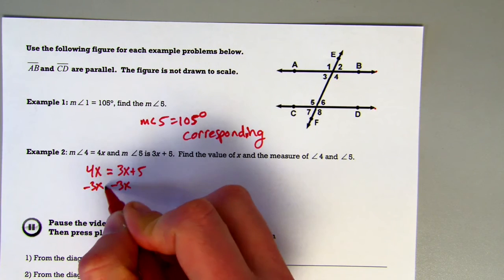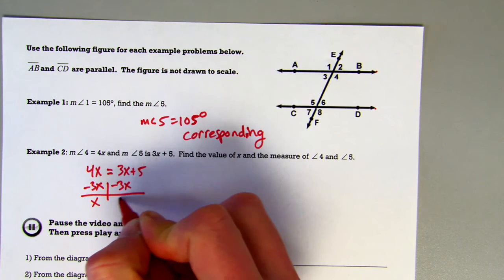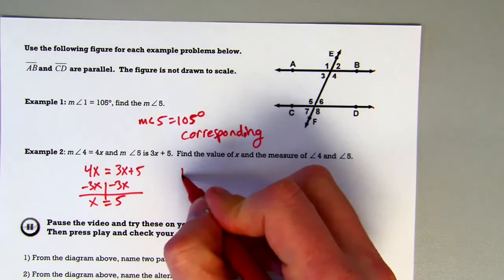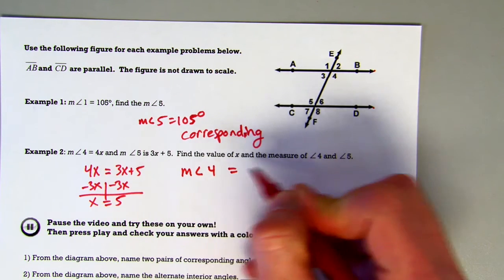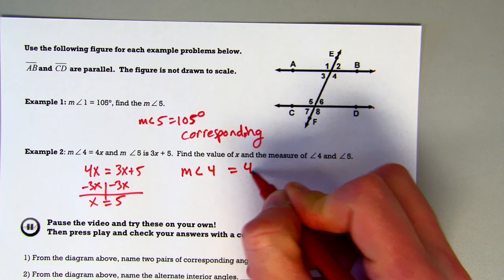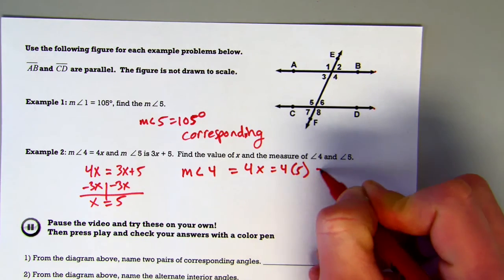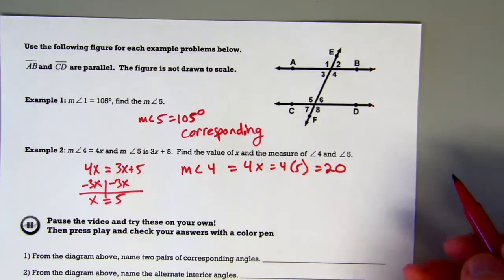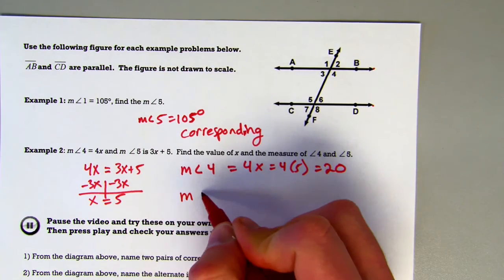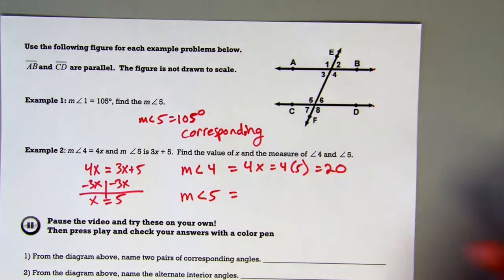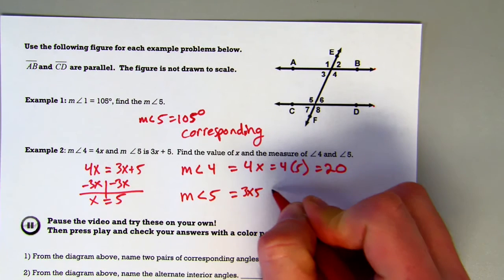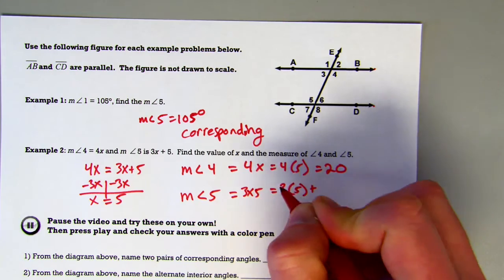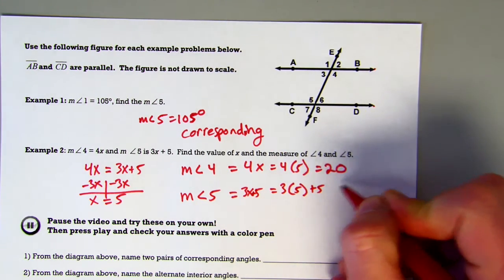Okay? So I'm going to go ahead and solve that. Subtract 3x on both sides, and I actually get a value of x equal to 5. I'm going to go ahead then and plug that in. So measurement of angle 4 is equal to 4x, which is equal to 4 times 5, which is equal to 20. And then the measurement of angle 5 is 3x plus 5, which is actually 3 times 5 plus 5.